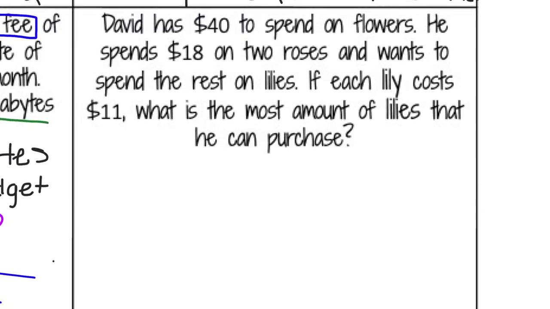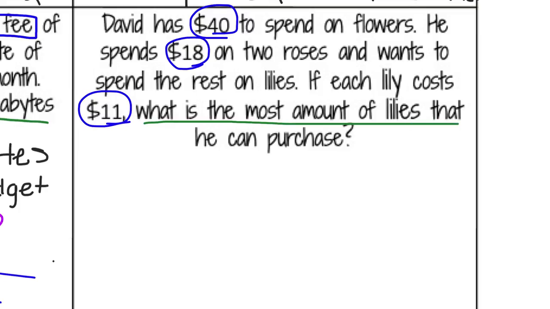So I'm going to go through and circle my numbers. I see $40, $18, and $11. And then we underline our question. What is the most amount of lilies that he can purchase? And then we box our math action words.